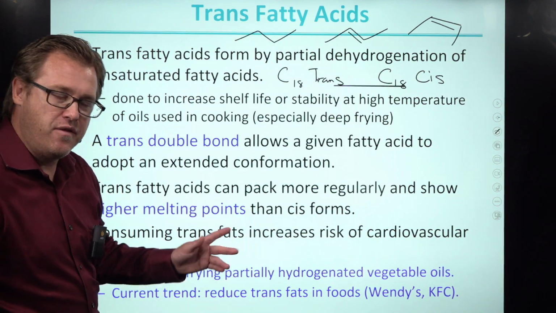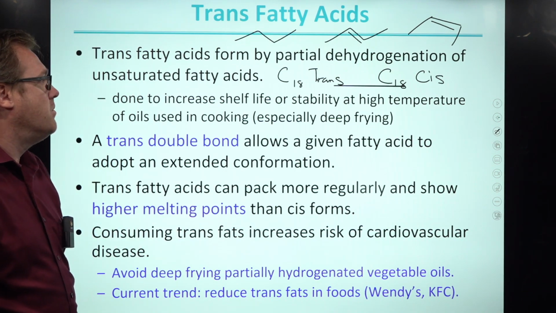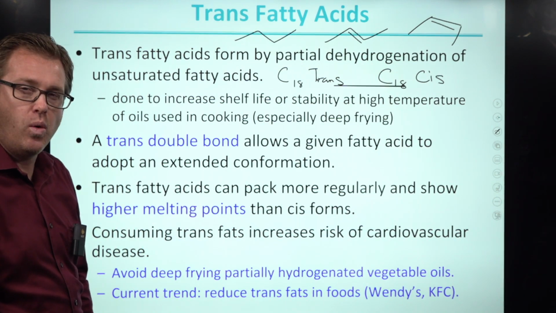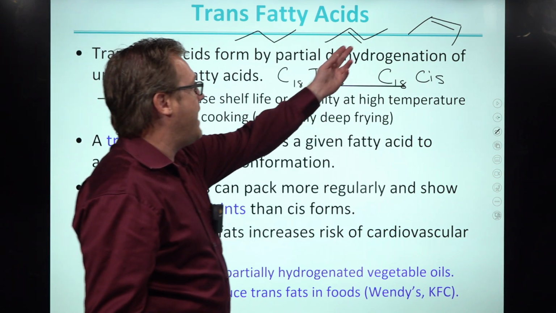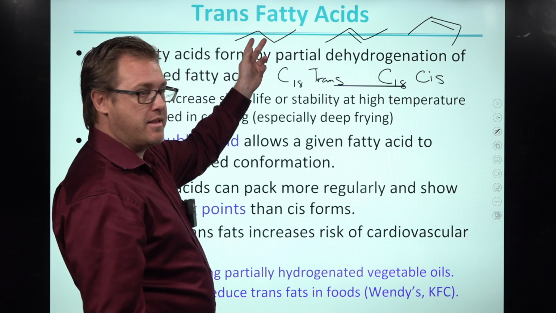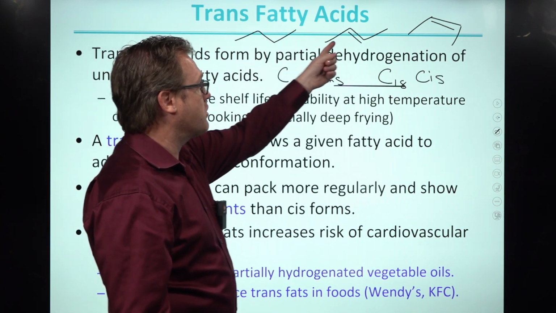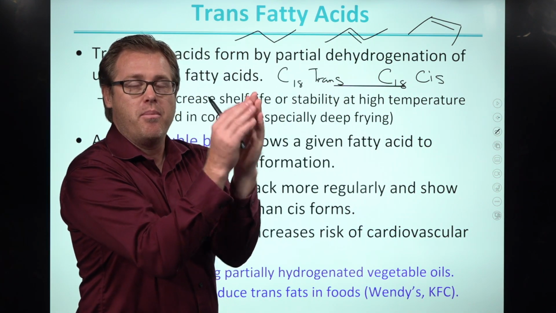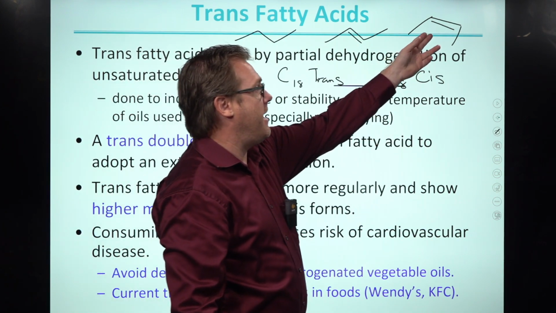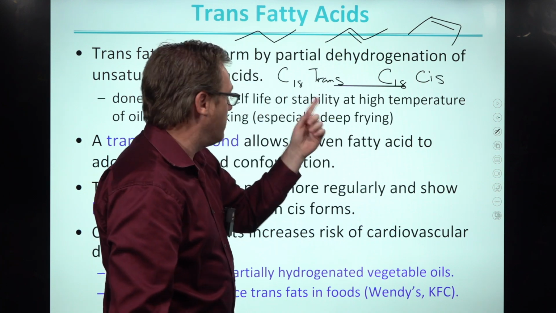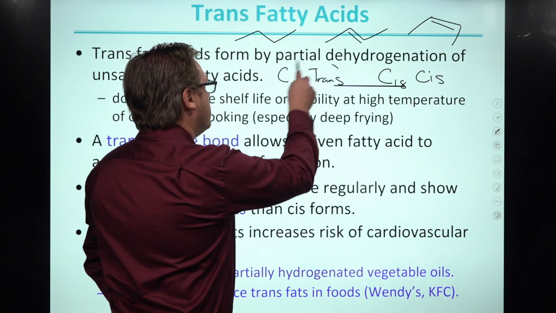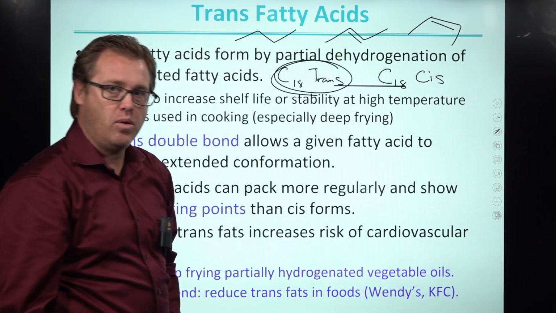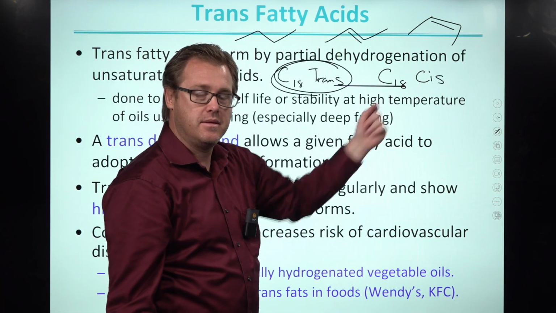Now, I didn't draw the full fatty acid, but hopefully you see the point. That the trans kind of looks like the saturated. So the trans is going to pack together better than the cis. So the trans is going to have a higher melting point than the cis.